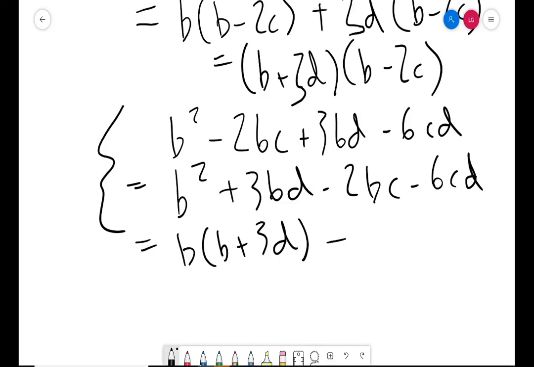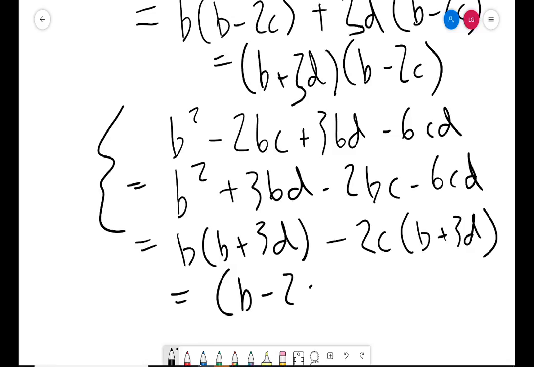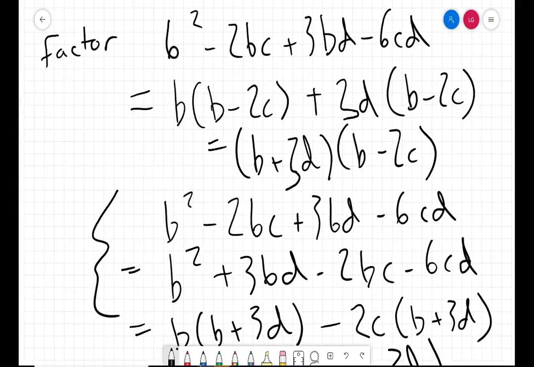Kind of beneficial that I was doing this to illustrate the example. So this has minus 2c in common, b plus 3d. So you can see that, via factoring, we get the same thing.